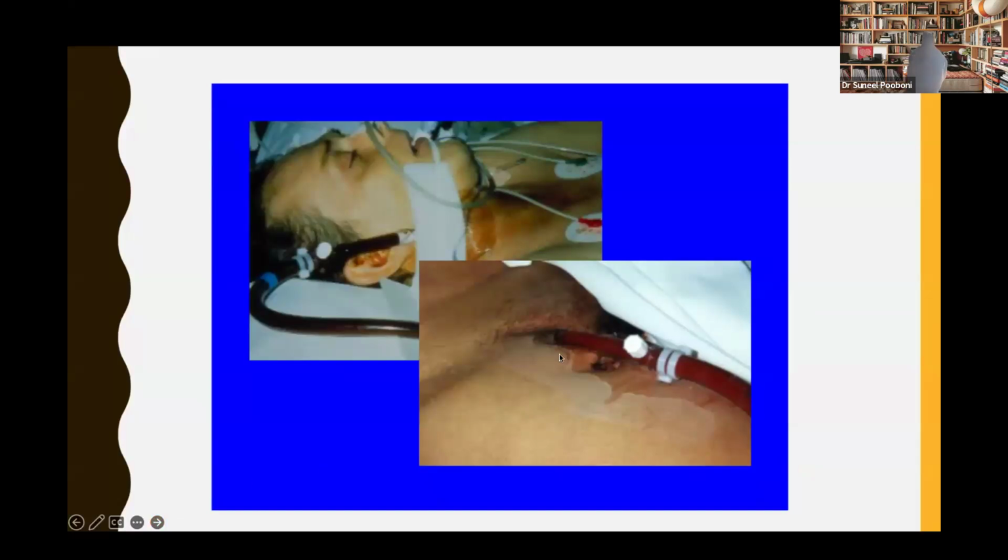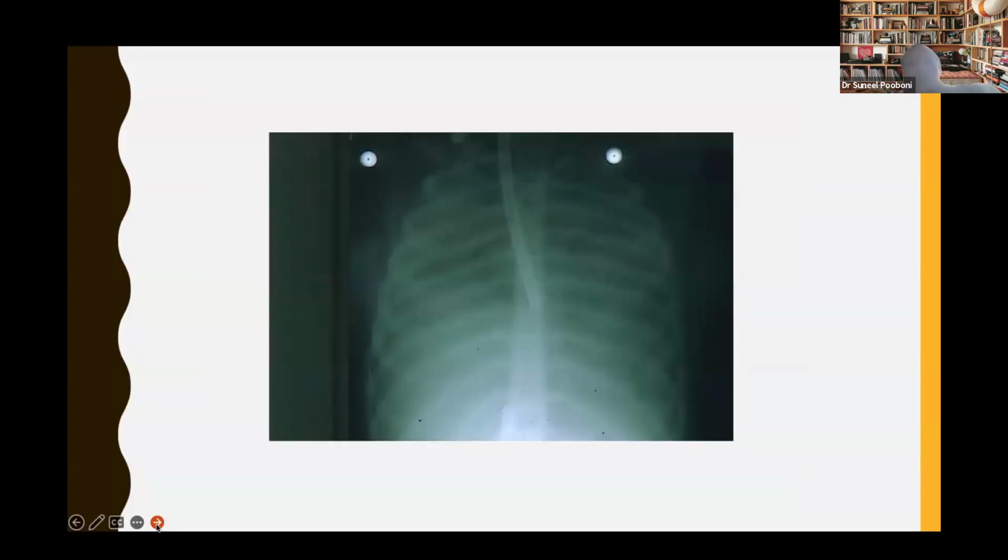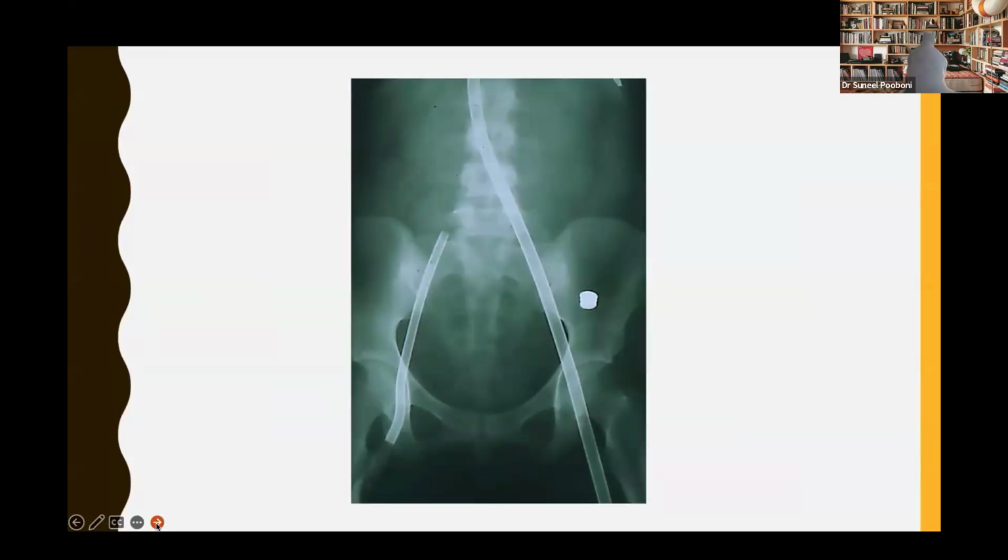Similarly, in an adult, venous drainage is collected through the inferior vena cava from the venous cannula here. Another X-ray here with the double lumen cannula in situ, and here is how a single lumen cannula looks like.